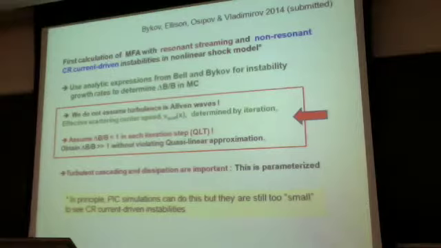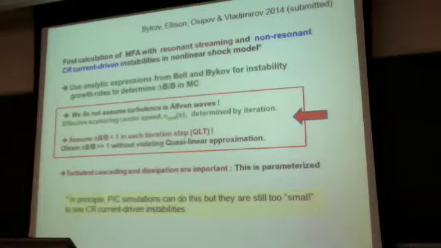Okay. This is very recent work. We just submitted this. This is the first calculation, I believe, where we have magnetic field amplification including all three instabilities, resonant and non-resonant. And again, in principle, this is done with PIC simulations, but they're still too small for this. We use the analytic expressions from Bell and Bykov to generate delta B. Two very important results: we do not have to assume that this turbulence is Alfvén plane waves.